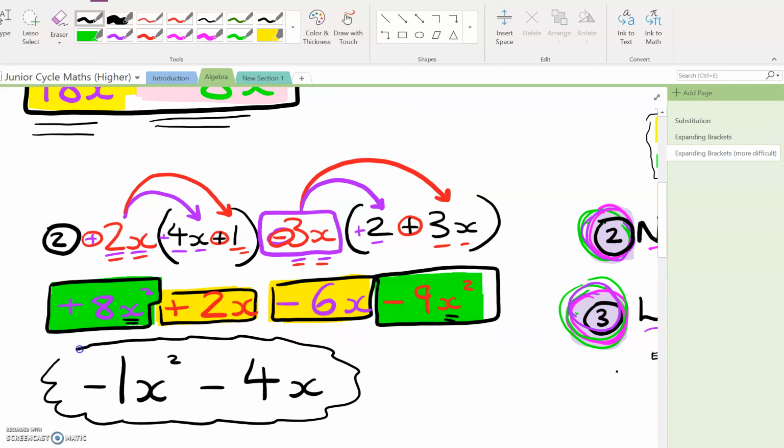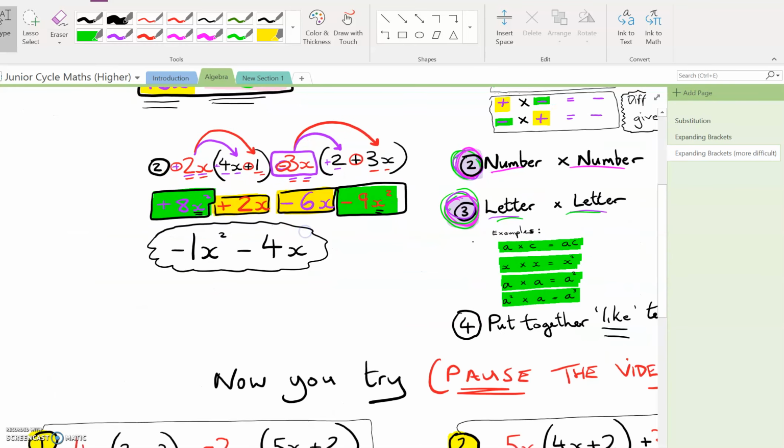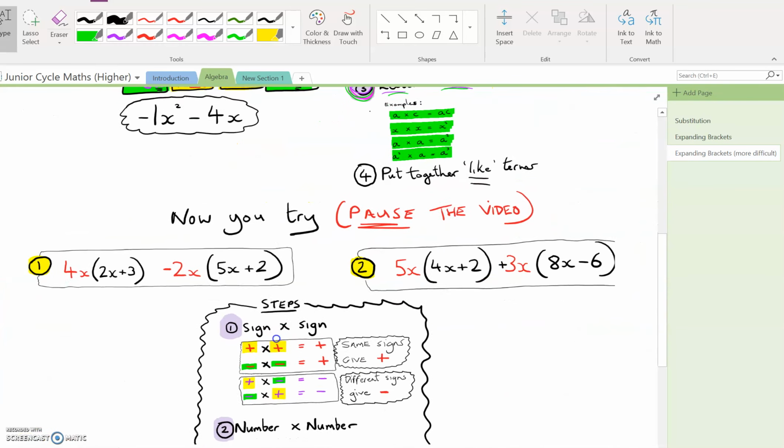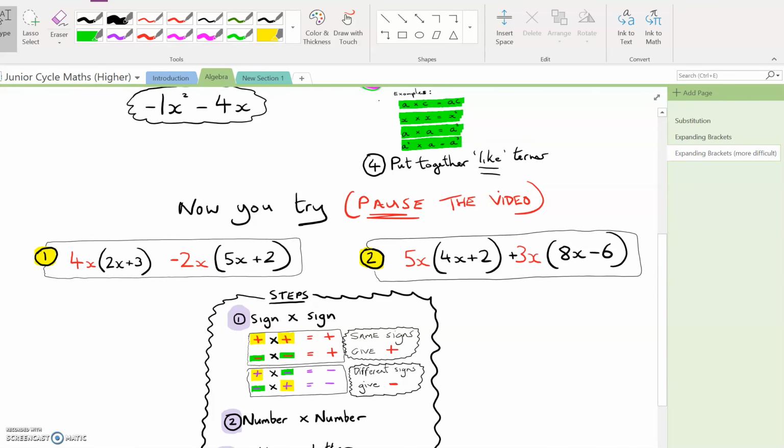Now, they're not easy, but you're going to try some now. So in a moment, I'm going to pause the video and try these two questions. It's just two to try. The steps are there. Don't forget step 4. You better put it in. Step 4, put together like terms.